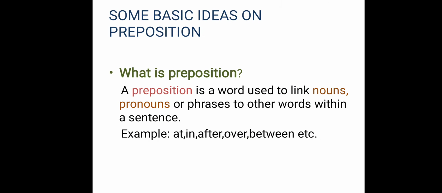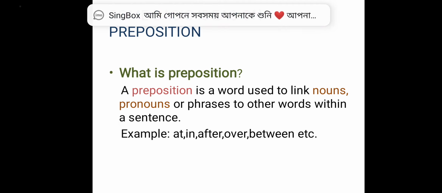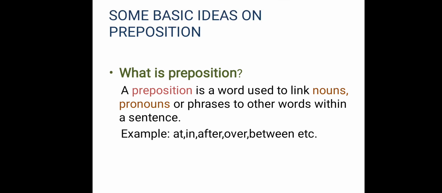Before going to the uses of simple prepositions, I want to provide you some basic ideas on prepositions. At first, I want to define what a preposition is. A preposition is a word used to link nouns, pronouns or phrases to other words within a sentence.